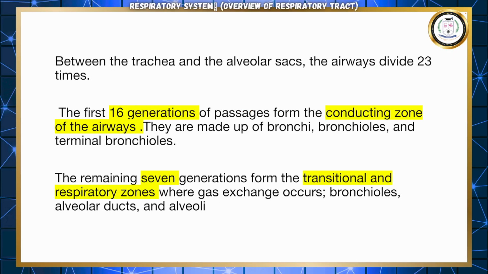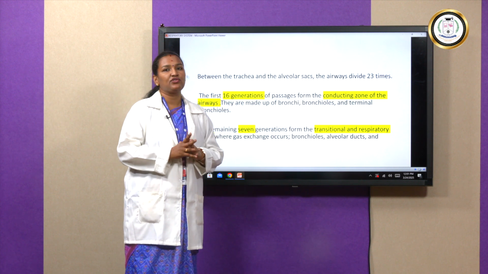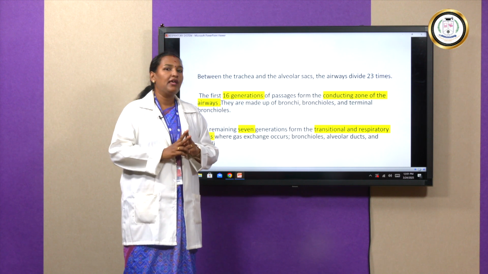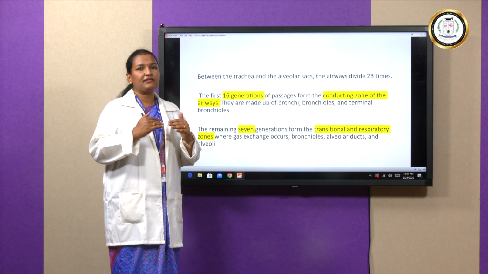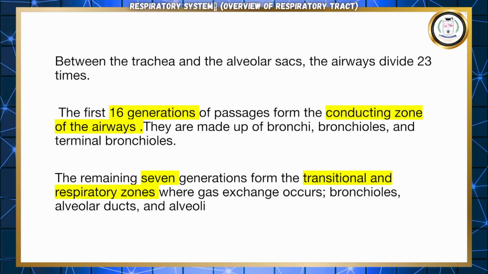Next, we need to know about the number of generations in the various divisions of the airway. Between the trachea and the alveolar sacs, the airway divides 23 times. Of this 23, it is divided as 16 and 7. The first 16 generations form the conducting zone of the airways.